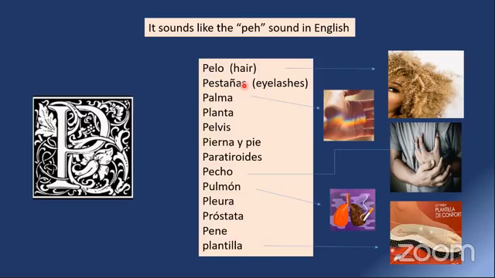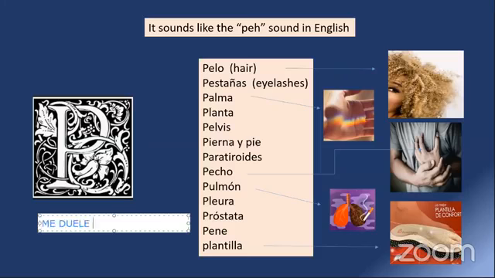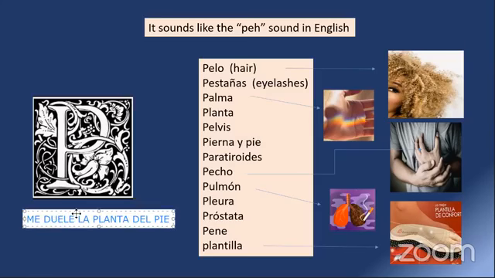The patient can say, me duele la planta del pie. They are saying that they have pain in the lower part of the feet, that means in the sole. Okay, so that is planta, and of course, the new word here also is pie, which is the foot.